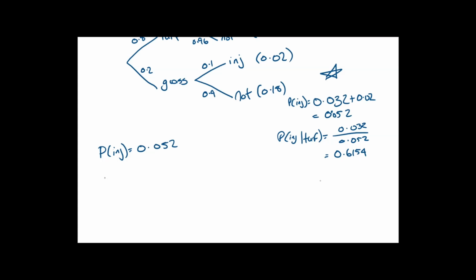Now we want to calculate the probability that they're on turf, given the fact that they were injured, which is what we're trying to work out. That is the probability they're on turf and injured, divided by the probability that they were injured.